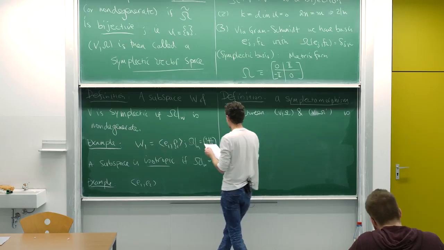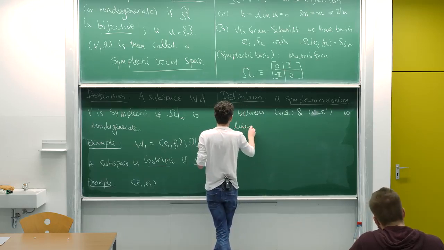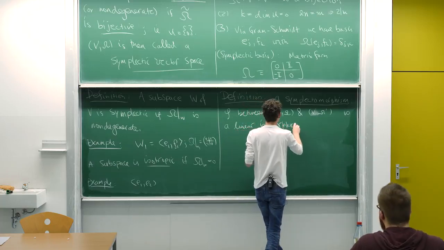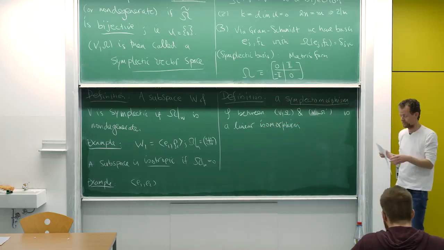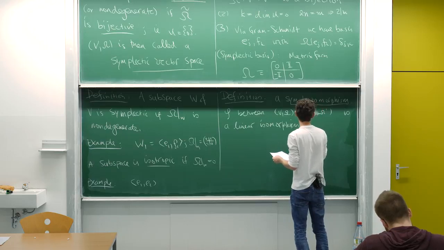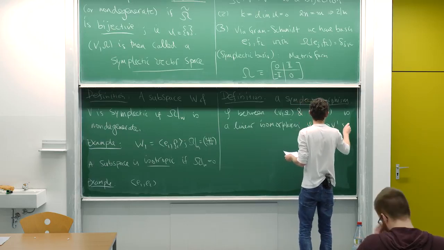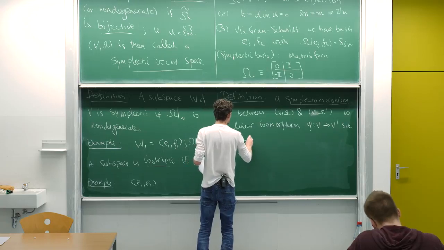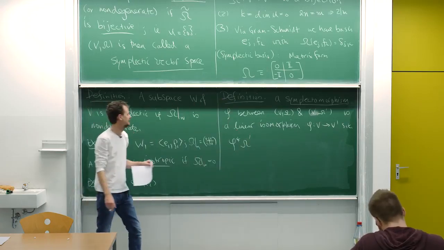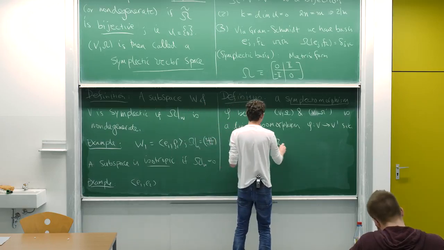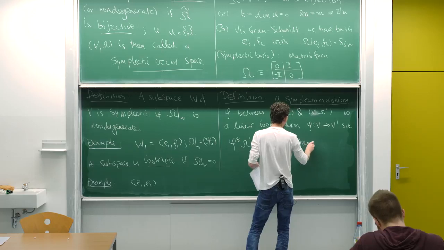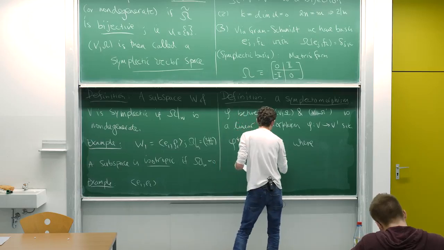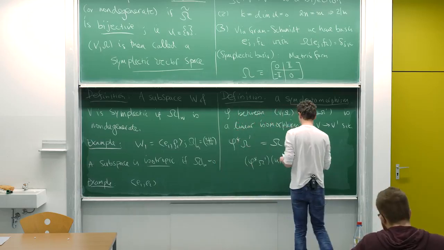Well, what is it? It's got to be a linear map. In fact, we're going to make it a linear isomorphism, such that when you pull it back, the symplectic form on V prime, you get the symplectic form on V. And just to remind you of the pullback definition, that's this one here.